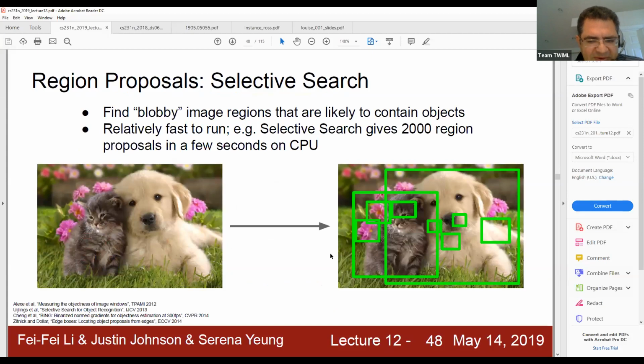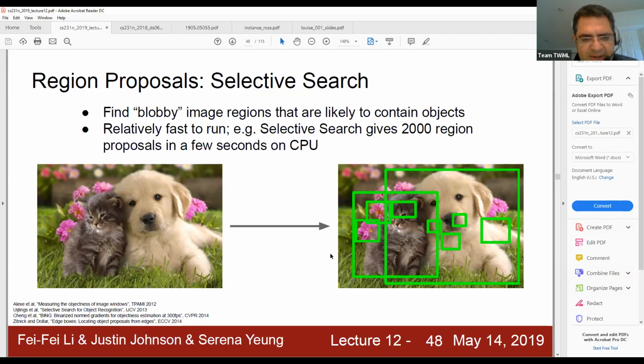So one of the first ideas people had, before deep learning, was selective search. That is, find me the blobbiest regions, or find me region proposals where there could potentially be some object.